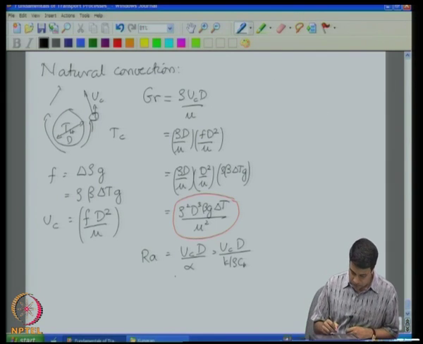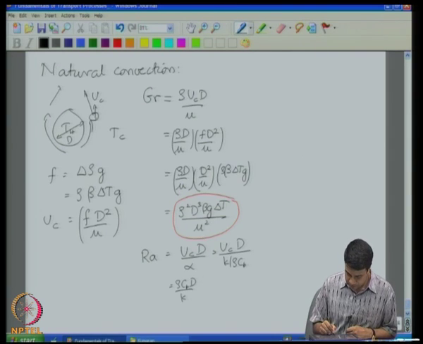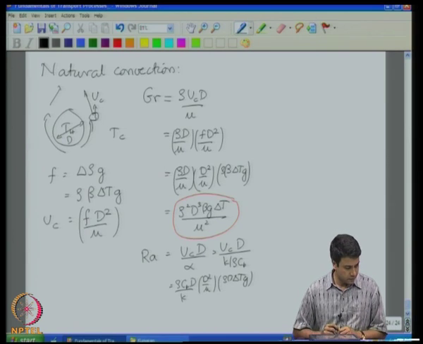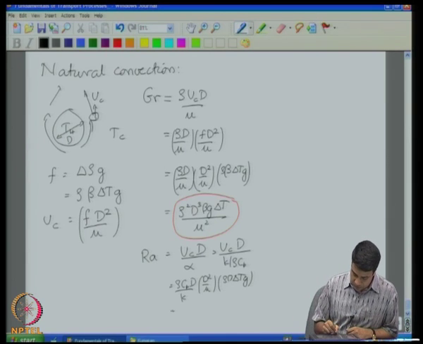So, this is equal to rho Cp d by k into U c, which was t square by mu into rho beta delta t times g. So, this works out to rho square Cp d cubed beta delta t g by mu times k.